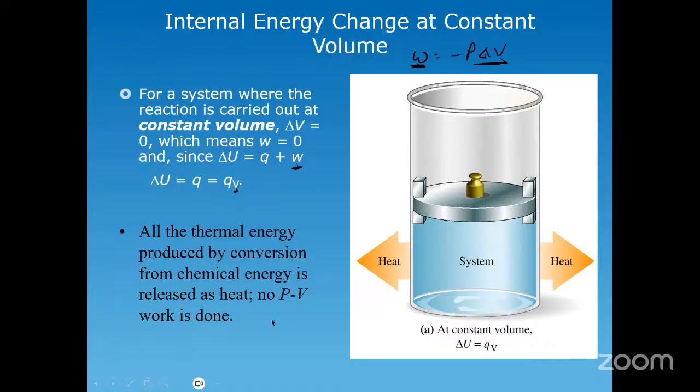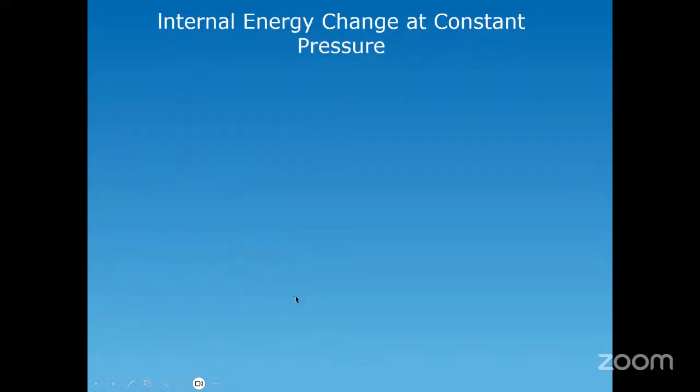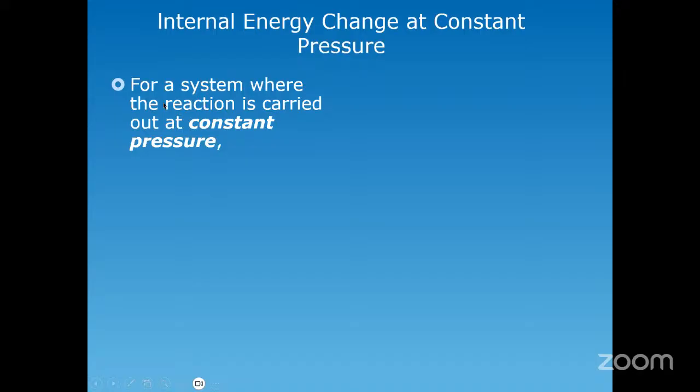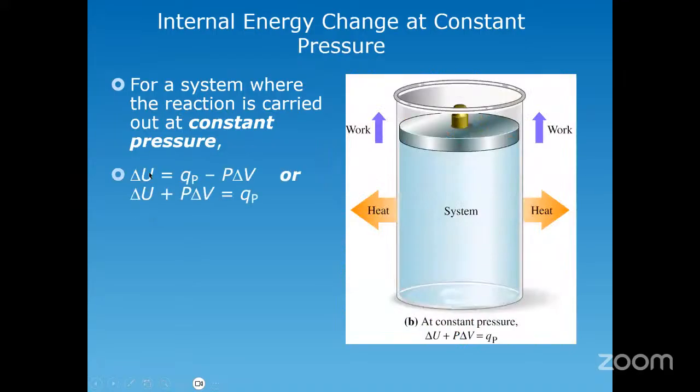In most cases, what will happen is that you can keep the pressure constant, which is basically what happens in the vast majority of reactions, right? So where you have a situation where the pressure is constant, then basically the internal energy would be equal to the heat change minus P delta V, because remember again, W, the work done, would be equal to minus P delta V, right?